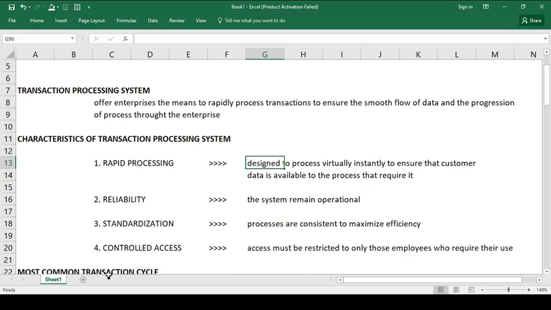Because if the transaction processing system is manual, it cannot be that today this is our process, and when we open tomorrow, a different process. So, it must be consistent, in order to maximize efficiency. Because if our transaction processing system keeps changing, the results will also keep changing.